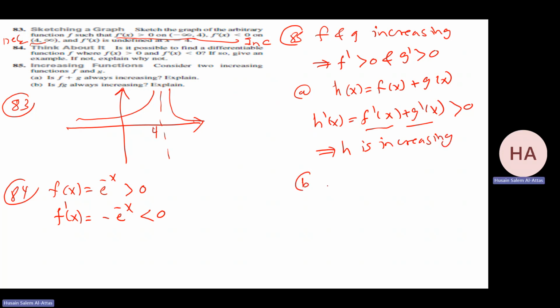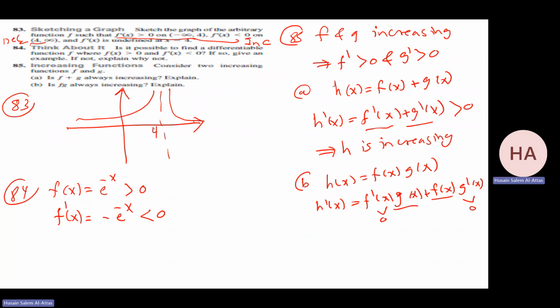B. My h is what? F times g. So check h prime will be f prime times g plus f times g prime. I know this is positive, but I know nothing about these two. This is maybe positive, maybe not. So no conclusion.